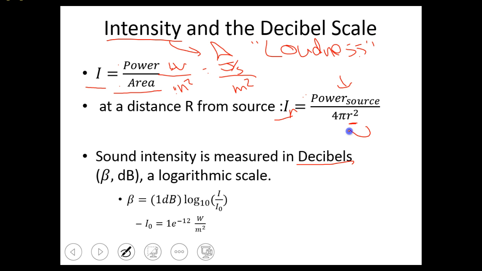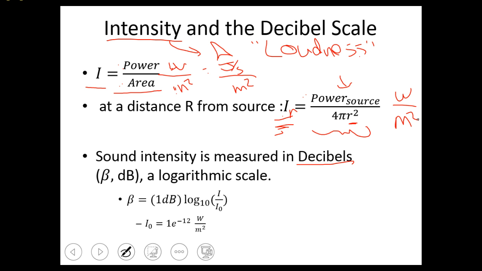And this is the radius of a sphere, because sound travels out in 3 dimensions and in all directions. So I need to figure out the intensity. If I'm right there, then it's just power divided by area. And so we take this intensity in watts per meter squared, and we get it into decibels.